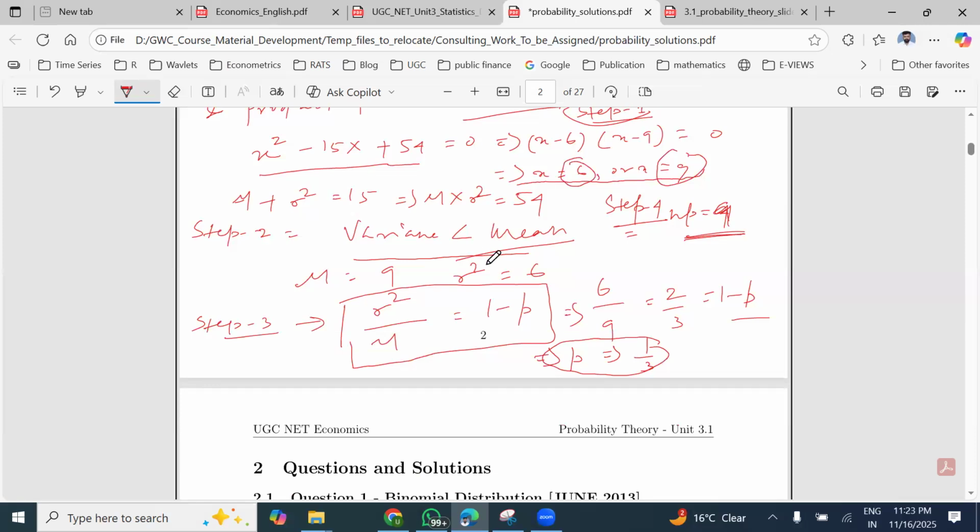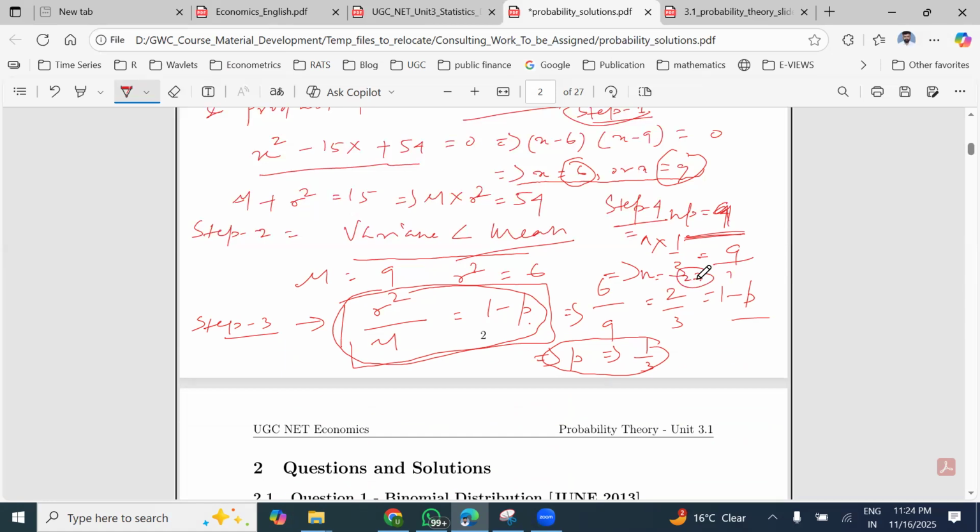Step number 3 is sigma square upon mu is equal to 1 minus p. Then if you replace the values, you can easily solve it, and n is equal to 27.